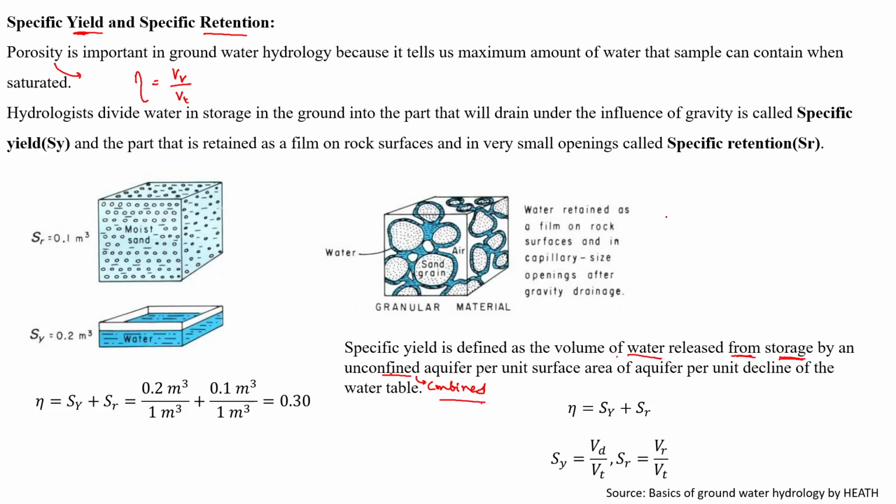Essentially, suppose you take a soil sample of 1 meter by 1 meter by 1 meter. Initially the soil sample is fully saturated.